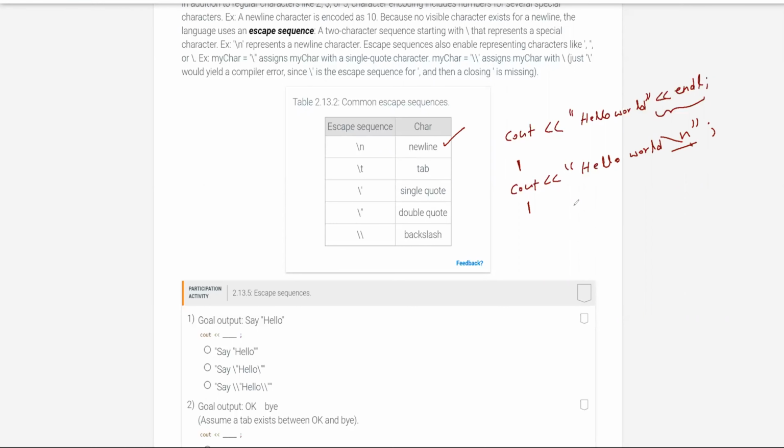So if I have hello world just like that, cout hello world like this, you will keep some spaces here, and then you say hello world, and then quotes, and then end. To do this, instead of typing your white space, you can do cout and slash t, and then write hello.